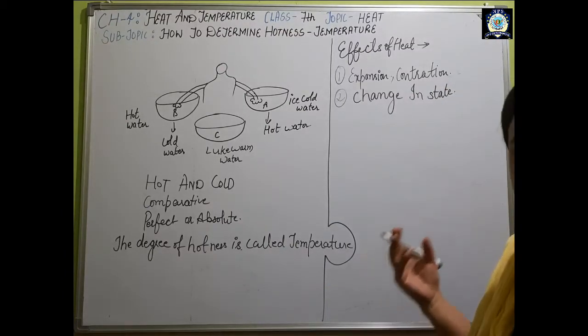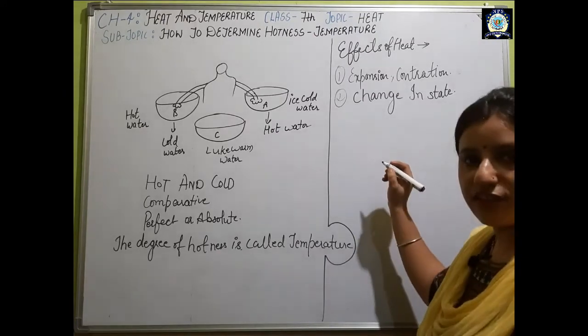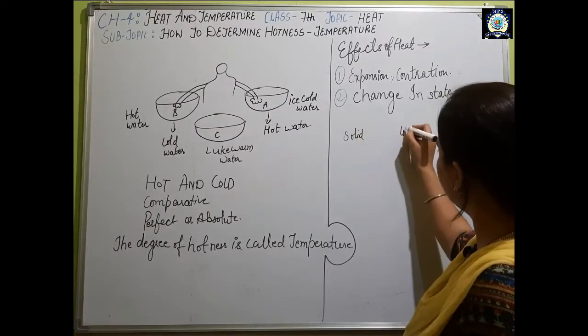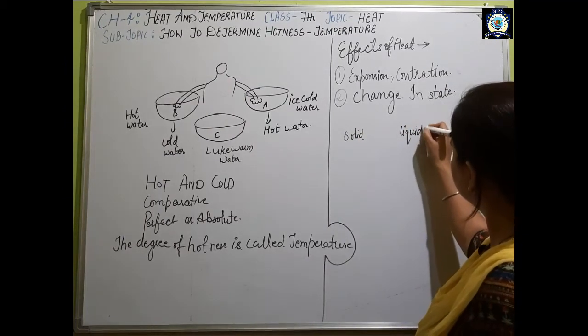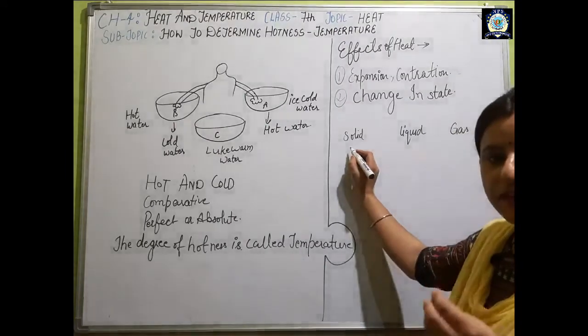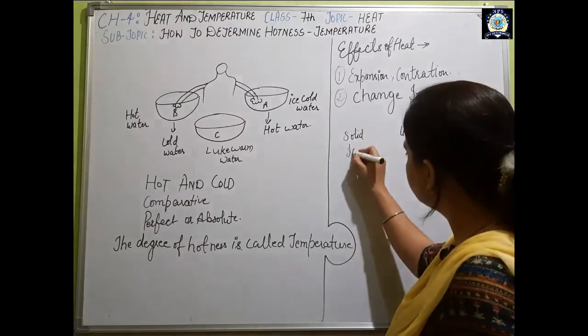So how does change in state take place due to the heating effect? We have three states of matter: solid, liquid and gas. If we talk about solid, we will take the example of ice.